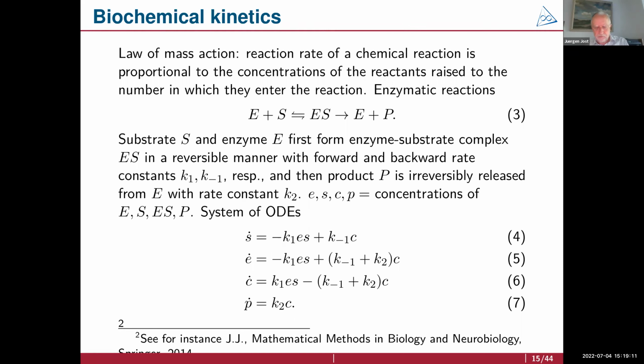And these reactions follow certain rules, and these rules allow you to translate the reaction system into a system of ordinary differential equations. So I have written these four equations. C stands for the concentration of E and S together, and E and S stand for the individual concentrations, and P, of course, is the concentration of the product P.